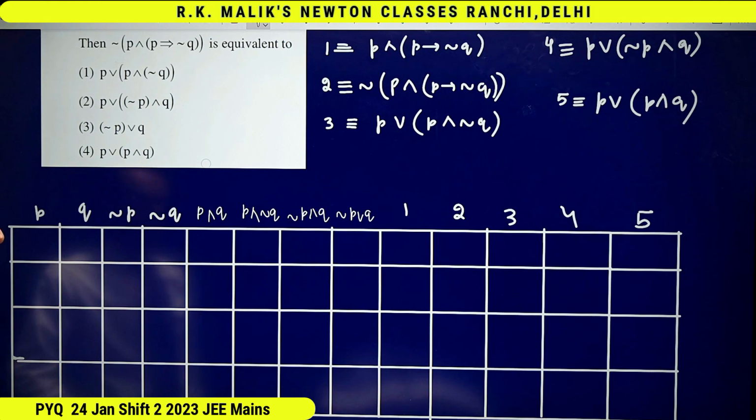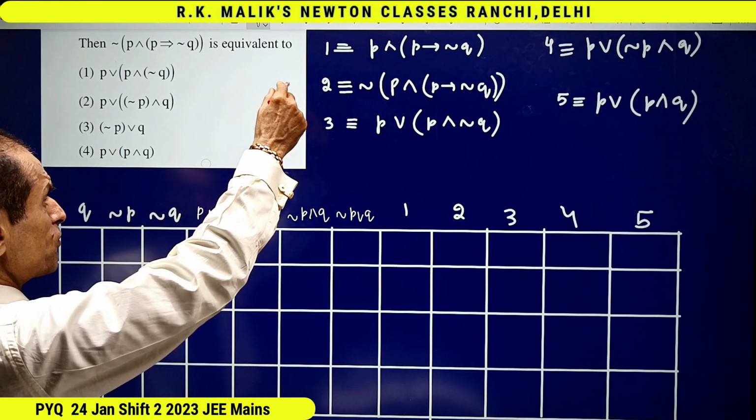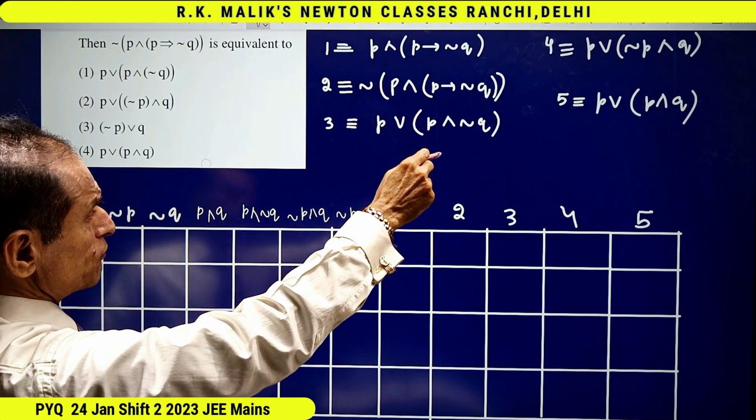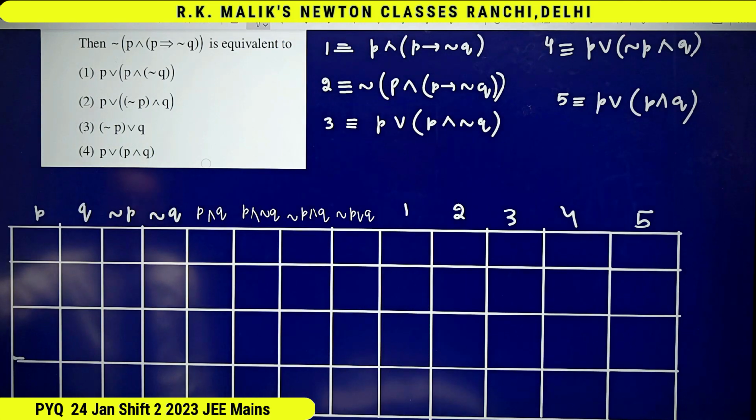Here, first I have shown the meaning of the statement number 1, 2, 3, 4, and 5. We know that in the case of two statements P and Q, in our truth table, 4 rows are there. And we start in this way.